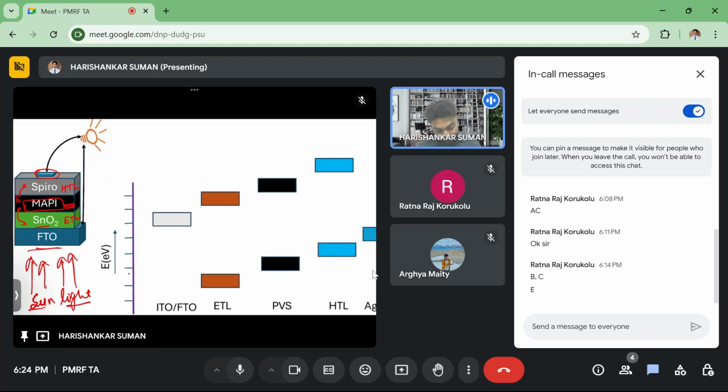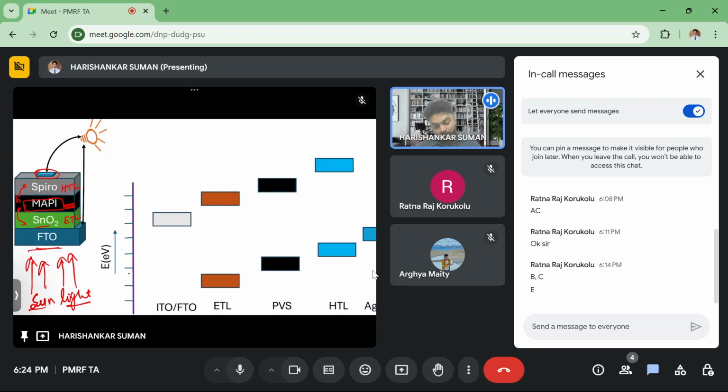These have a higher band gap, so they don't absorb. So the absorber MAPI perovskite absorbs the sunlight with respect to the band gap, and the exciton dissociates and an electron hole pair is generated.